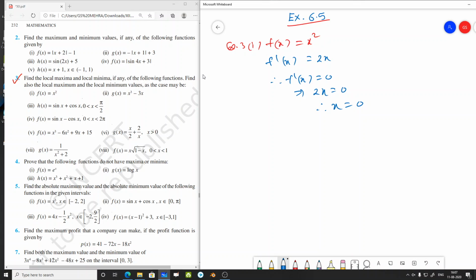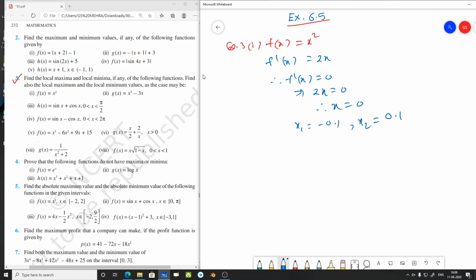Now we will take two numbers in the immediate neighborhood of 0, one to the left and one to the right. Let us take x1 equal to say minus 0.1 and x2 equal to plus 0.1. We will find the sign of f dash x to the left as well as to the right of x.